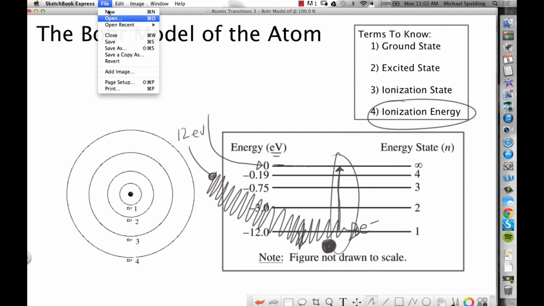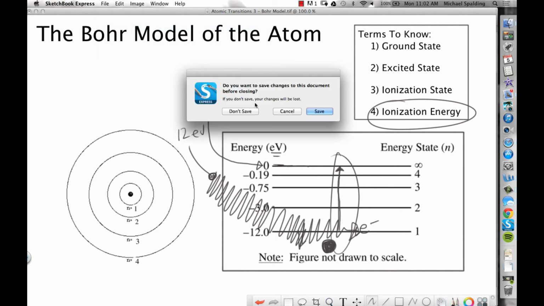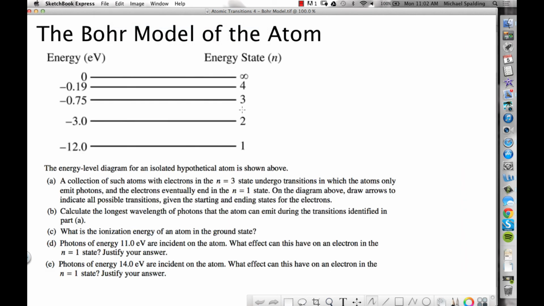Okay, so let's look at a problem here. This is from the 2013 AP free response. Typically they put these questions on the free response. We have the energy level diagram for an isolated atom shown above.